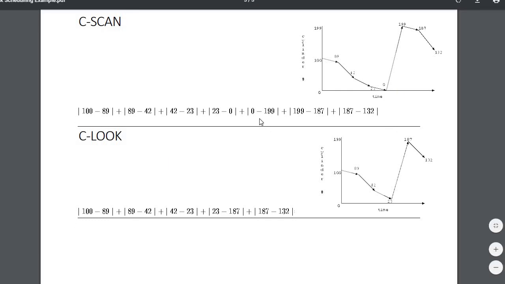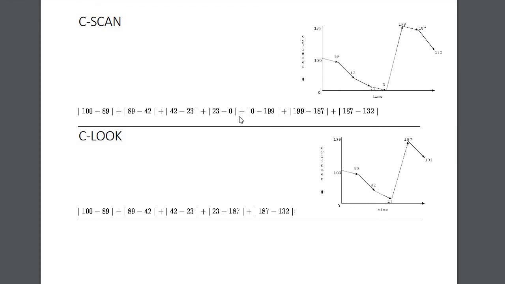C-LOOK is again the extended form of C-SCAN, because in C-SCAN you can see that we are reading excess cylinders from 23 to 0 as well as from 199 to 187. These are the excess cylinders which we are reading in this particular algorithm, and we are also calculating these values. So C-LOOK eliminates that particular part. In C-LOOK you can see that from 100 towards the inward direction, when we reach 23, it jumps from 23 to 187.